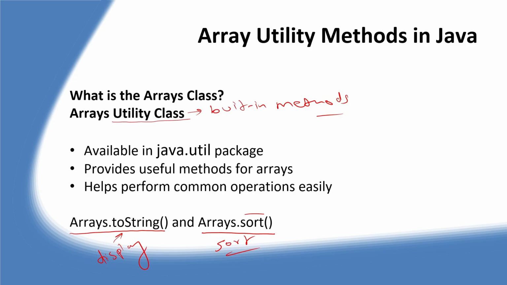So it contains several methods that make working with arrays easier and more efficient. And it is available in the java.util package. So it provides useful methods for arrays and it helps us perform common operations easily.